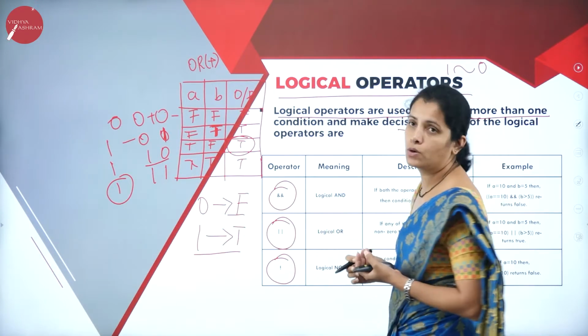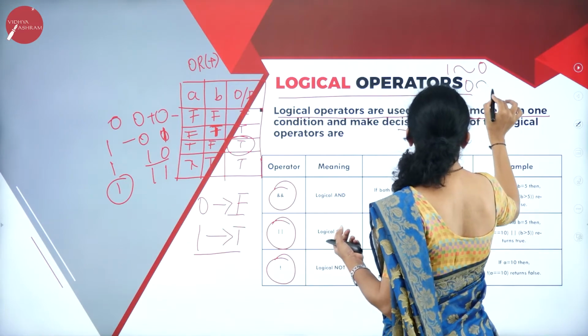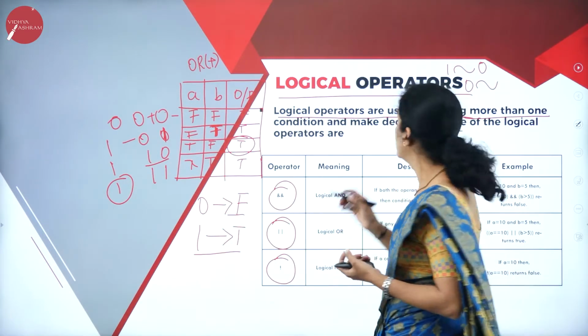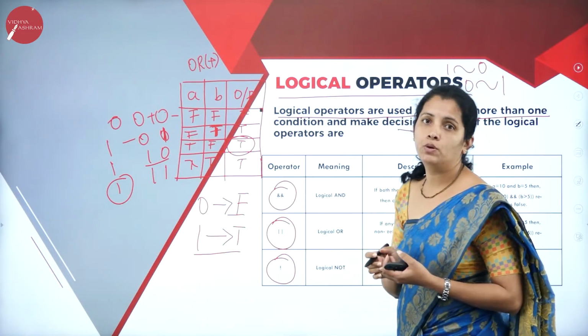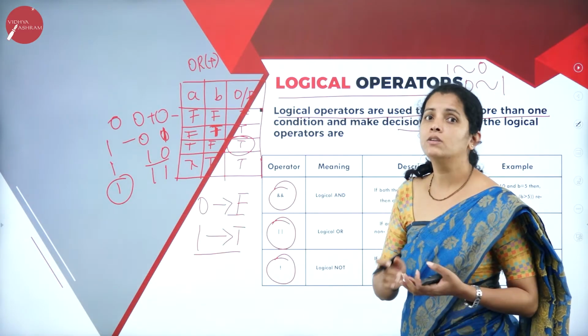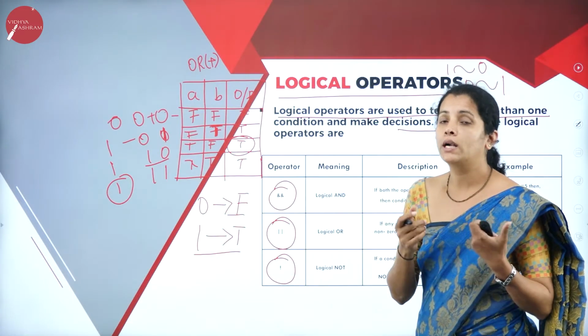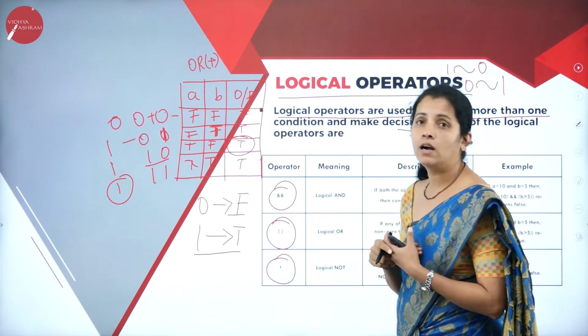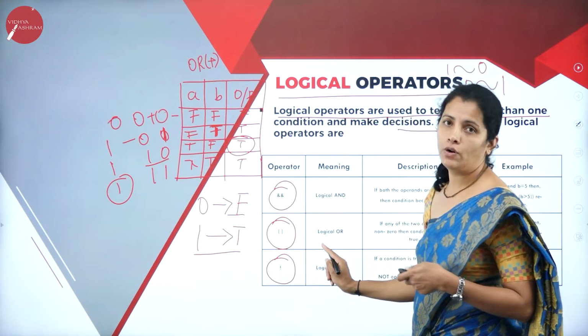It is 0. And if I have 0, what is the complement of 0? That is 1. So this is the way you can represent it. This is the use of logical operators. The different kinds of operators are and, or, and not.